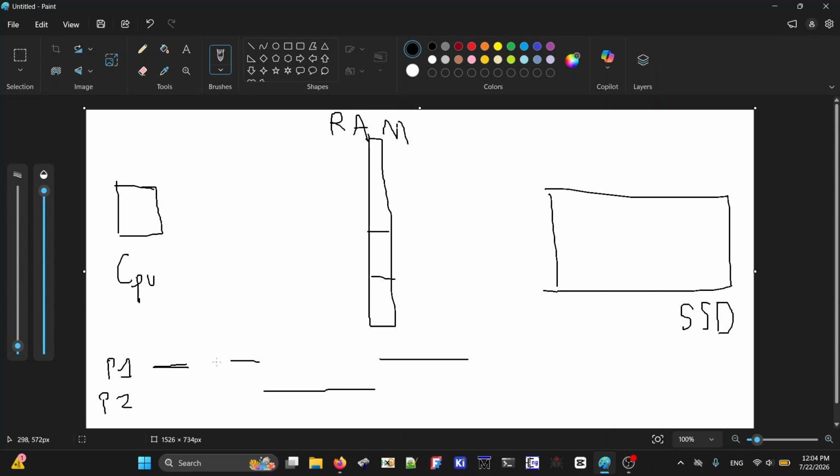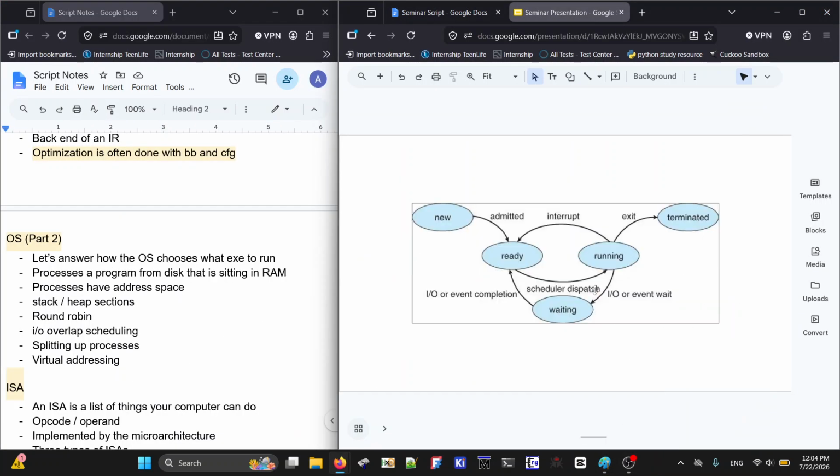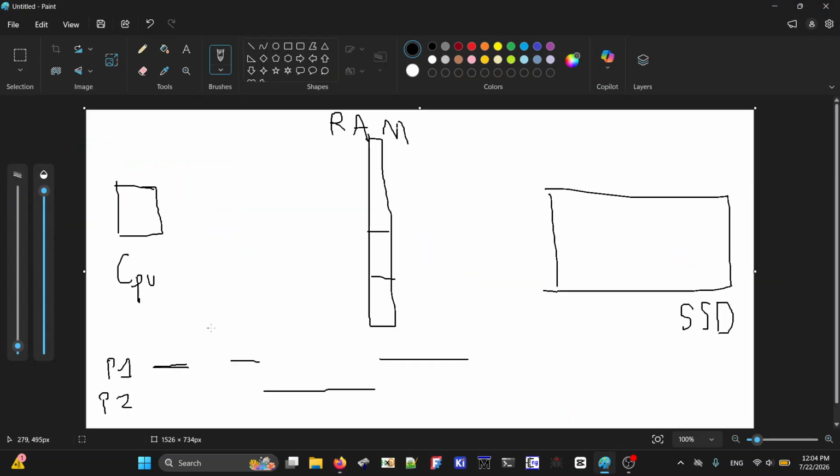Well, then it needs to go to IO, and then it goes into the waiting state, right? Because it's waiting on IO. So it goes from running to waiting. Okay, so waiting, waiting, waiting, and then it can go running again. And then we switch here. Let's say, for example, we're running.